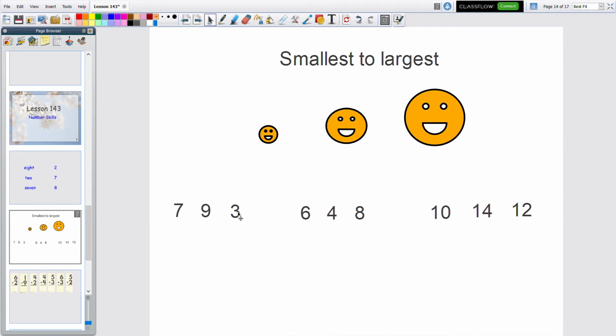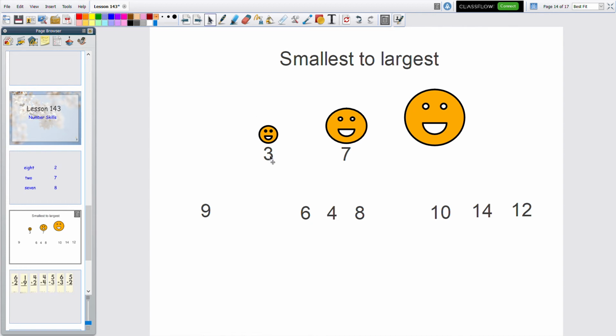Do you think the 3 is smallest? That is, so we're going to put it down here by the little guy. Which one's smallest now? 7 or 9? 7 is. So we're going to put that one over here by the medium-sized guy, because he's bigger than the 3.